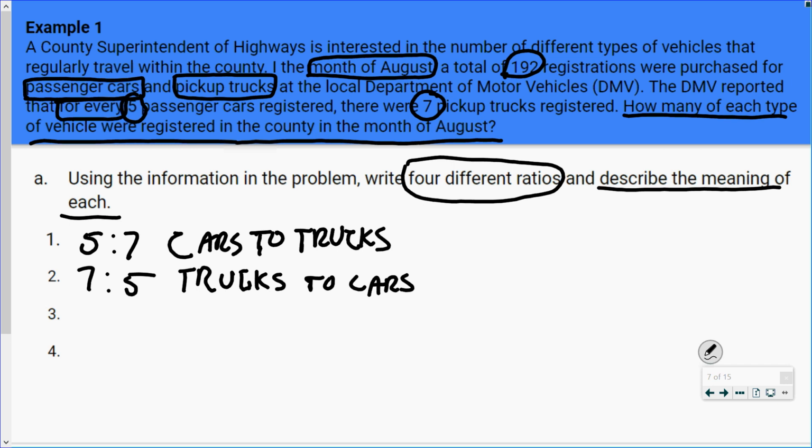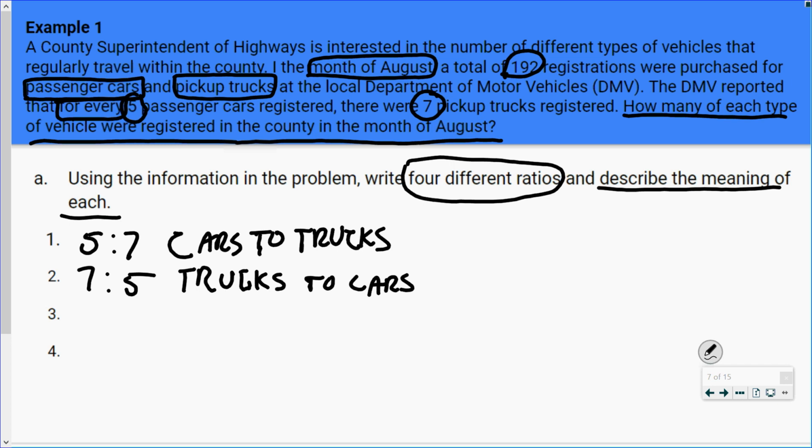But that's a different ratio. But we're still using the same numbers, correct? All right. Now these are what you call part to part, because you're taking a part of the whole tape diagram and comparing it. So we compared cars to trucks, and then we compared trucks to cars.